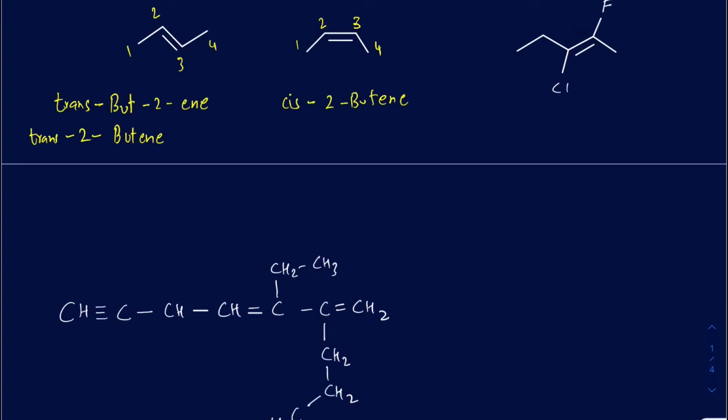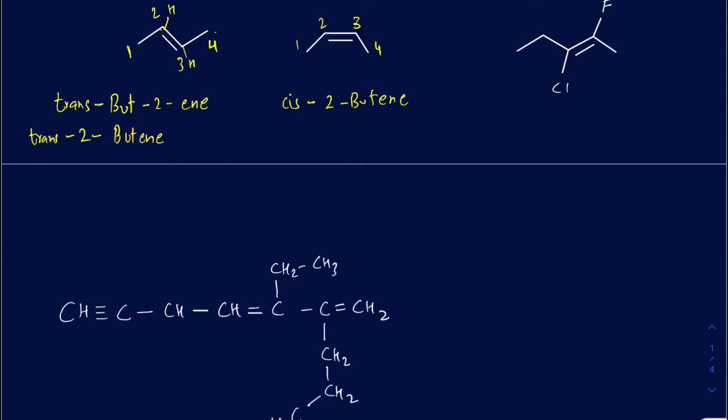Okay, and that's because in the first one, you can see the 2 hydrogens are on the opposite side, so you have 2 small groups on the opposite side. 2 big groups are at the first carbon and the fourth carbon. Those 2 methyl groups are on the opposite side. So when the big groups are on the opposite side, it becomes trans, and when you have the big groups on the same side, it becomes a cis.